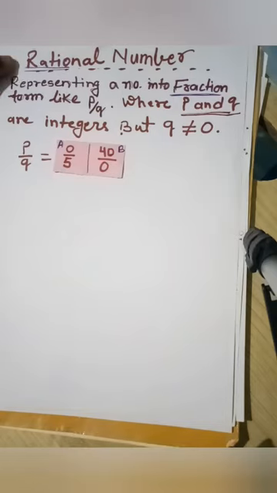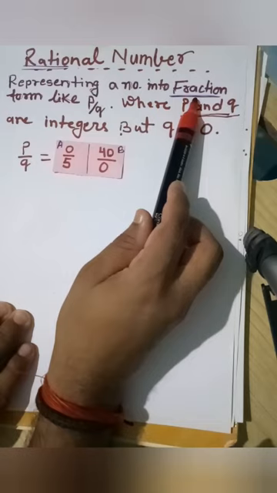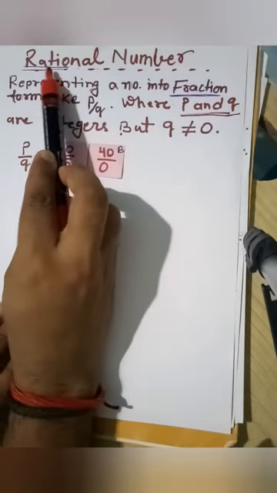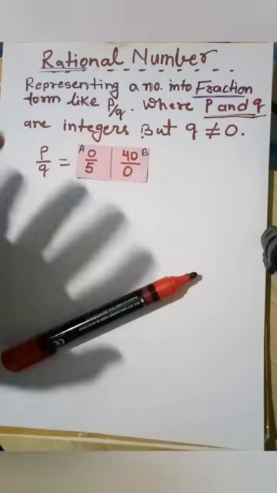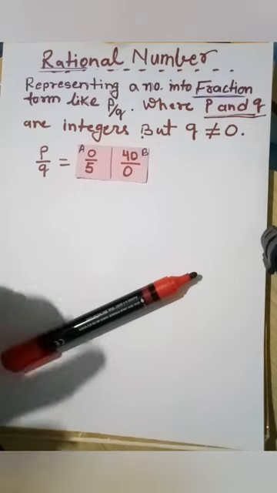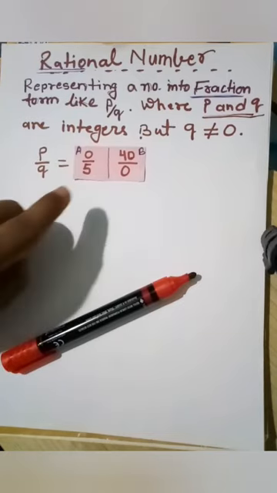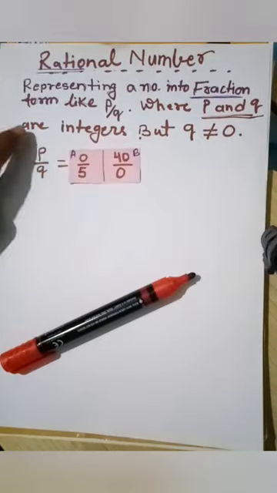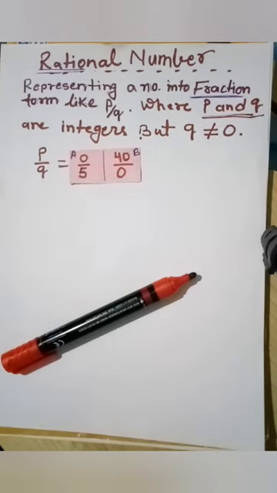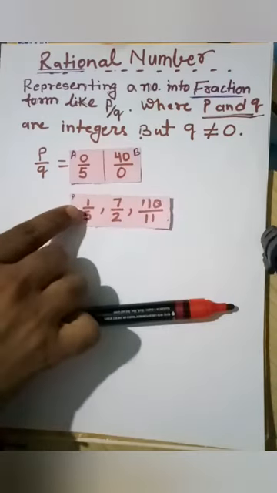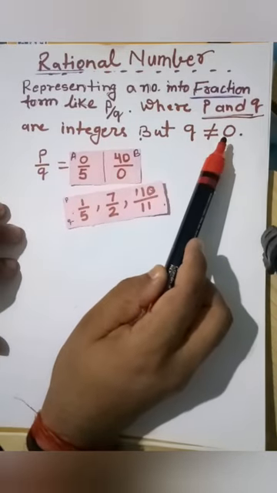So I repeat that a rational number is any number which can be represented in the form of a fraction, in fact I would say a ratio, because the word rational came from the word ratio. So it is a number which can be represented in the form p upon q, where p and q are integers, like 1 upon 5, where 1 and 5 are integers, and q cannot be equal to 0.